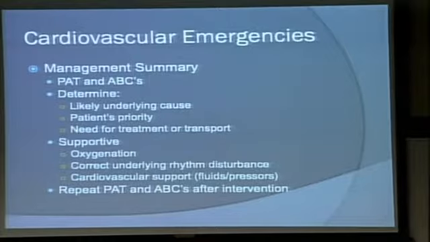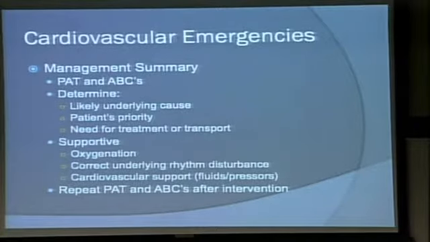So, what are you going to do if you take care of a child that you suspect has a cardiovascular emergency? Now, if they have paroxysmal atrial tachycardia, you can do your assessment, looking at the patient assessment triangle. Do they look sick?